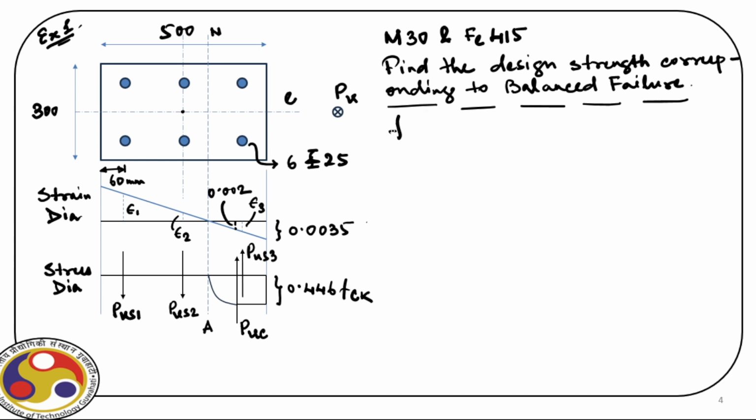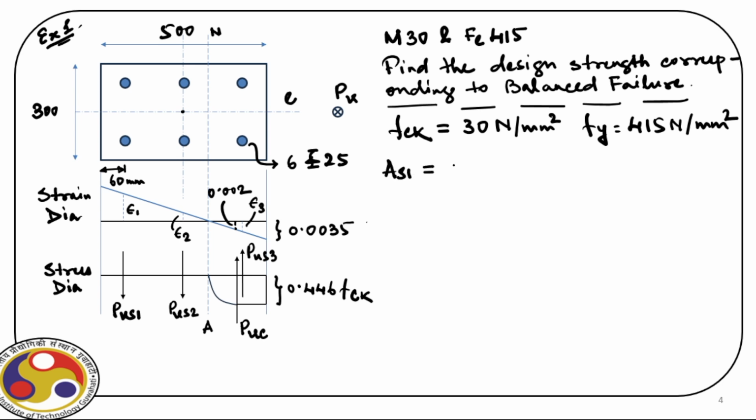So FCK for this problem is 30 Newton per millimeter square and Fy is equal to 415 Newton per millimeter square. Then let us find out the steel in each layer.